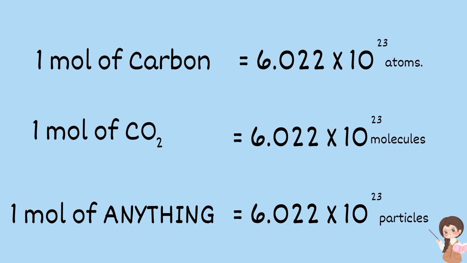Carbon dioxide is made of 2 different types of atoms bonded together. If we have 1 mole of carbon dioxide, we have a mole of these molecules. So we refer to the particles in the compound as molecules. And 1 mole of anything, we can describe as particles because particles is the general term. Remember, particles is like the umbrella term, and atoms and molecules are beneath it.